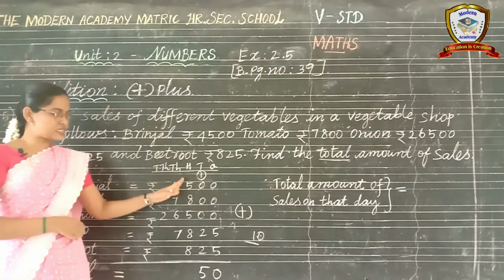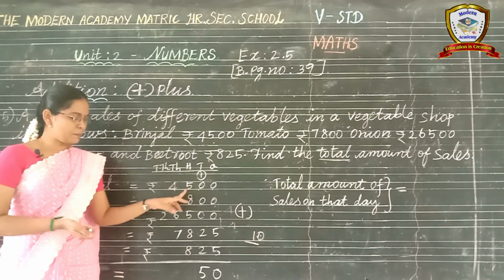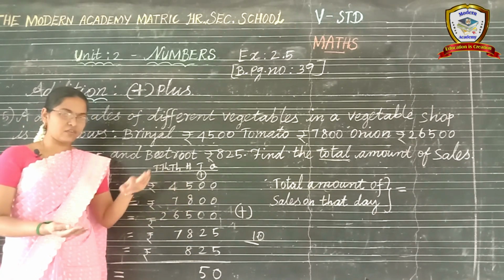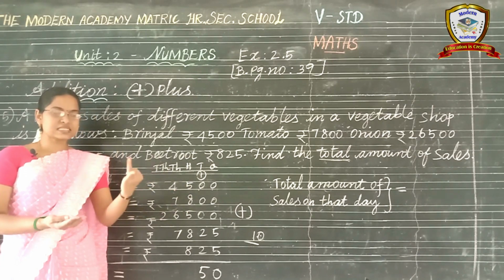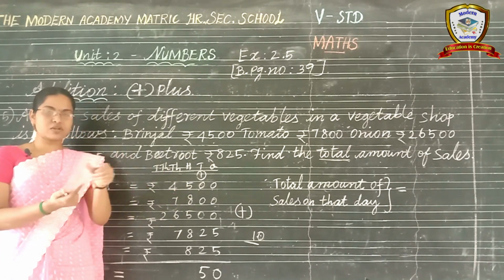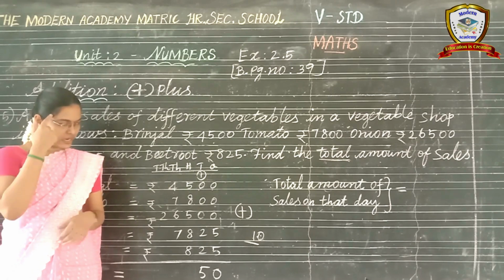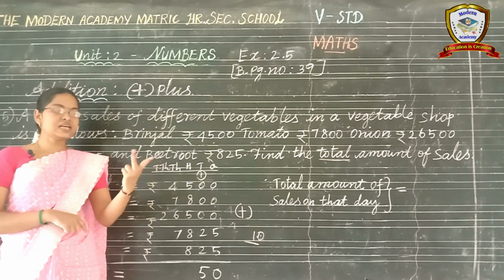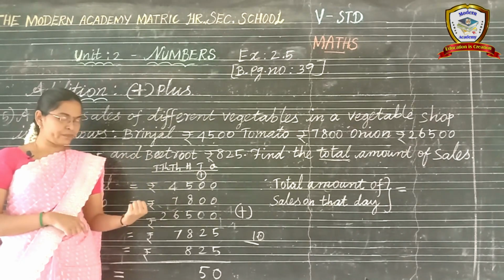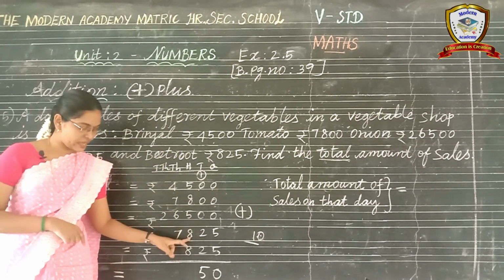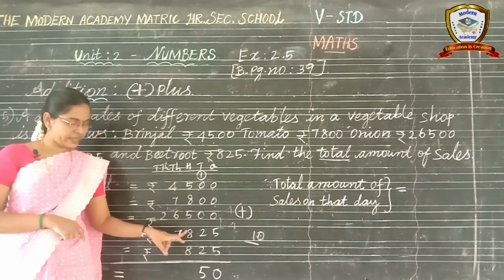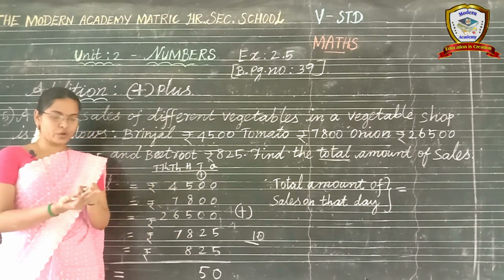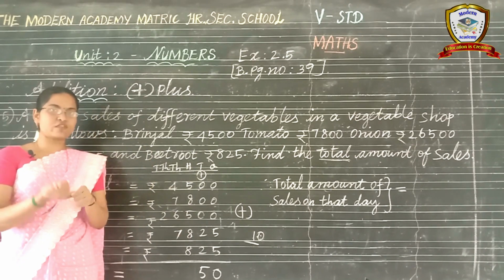Next we have to consider the hundreds column. 5 plus 8. 5 in the mind, 8 in the fingers, 5 after you should count 6 7 8 9 10 11 12 13. So 13 in the mind, 5 in the fingers, 13 after, 14 15 16 17 18. Okay, so 18 plus 8. 18 in the mind, 8 in the fingers, 18 after, 19 20 21 22 23 24 25 26.